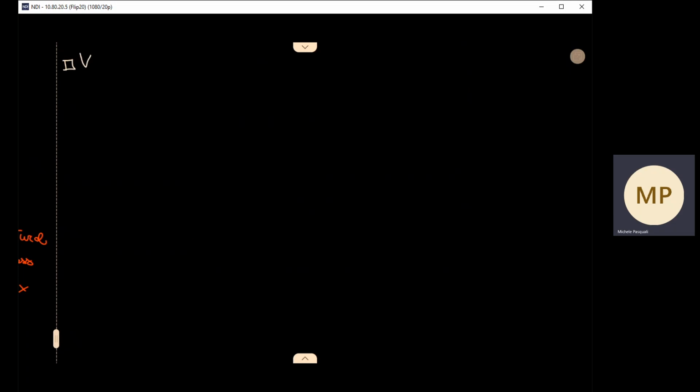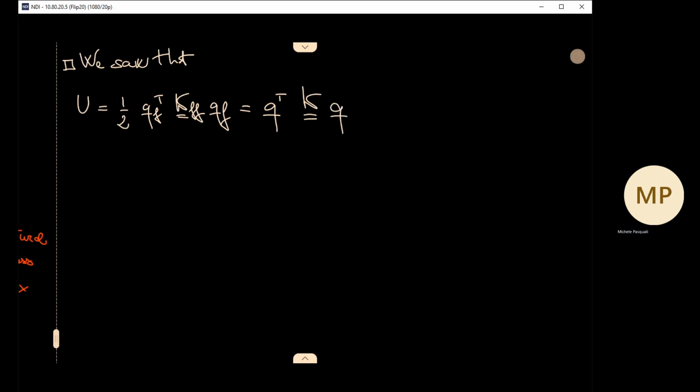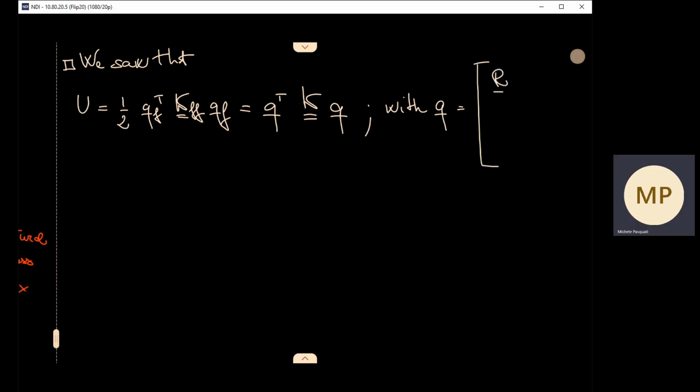Again, we saw that our U, which can be written as this, can also be written as Q transposed applied over K, applied over Q, with Q being basically what? R, theta, and then QF.